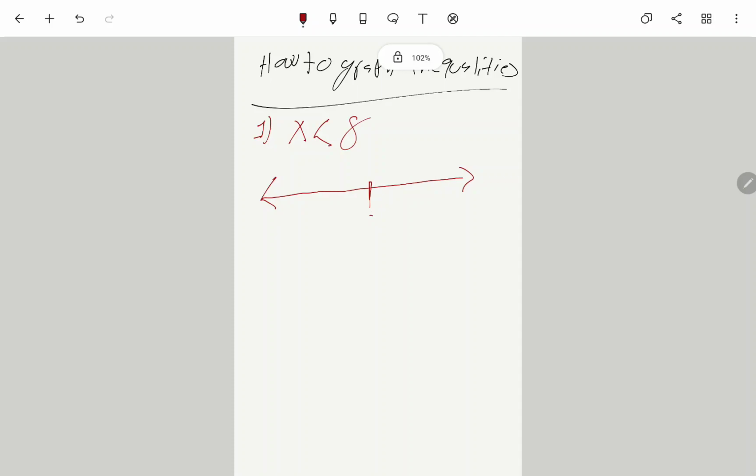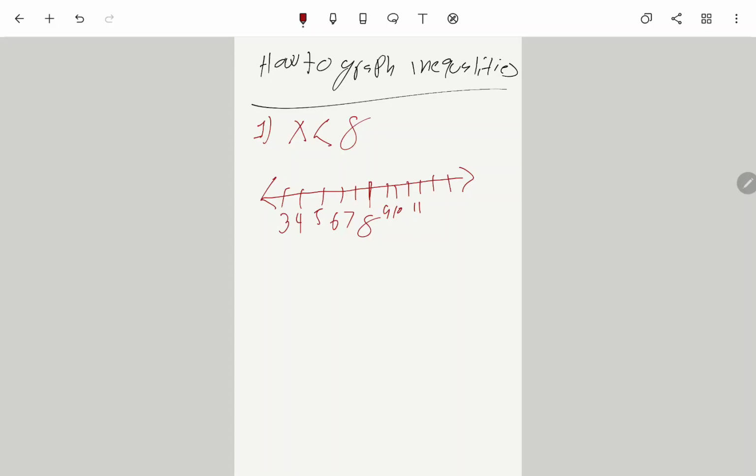So we try 8. So 1, 2, 3, 4, 5, 6. Then 9, 10, 11, all the numbers, infinite numbers, and that side is less than 8. So it's 7, 6, 5, 4, 3, right?